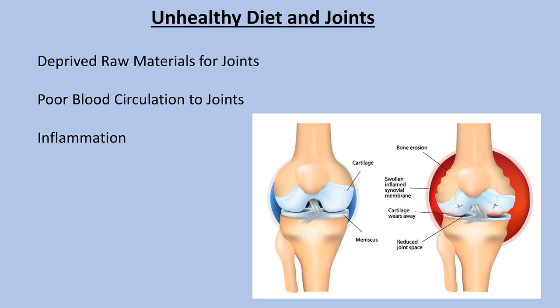We need to start eating food that has a lot of nutrients, because without these nutrients, we will not be able to resist the normal wear and tear that we undergo. And this might be the reason why you see such a huge change between the people who are 45 years old versus those who are 65. There is also poor blood circulation to the joints.